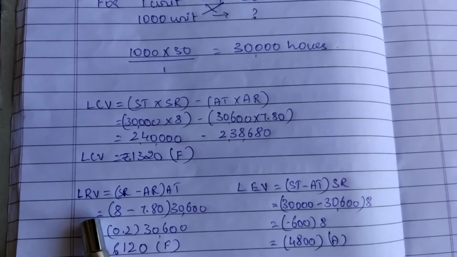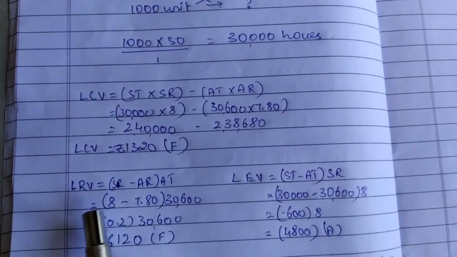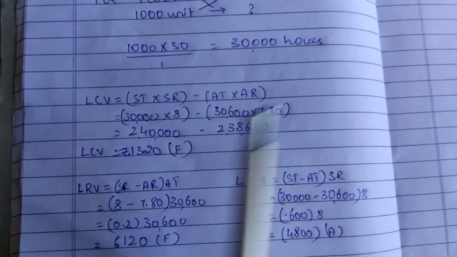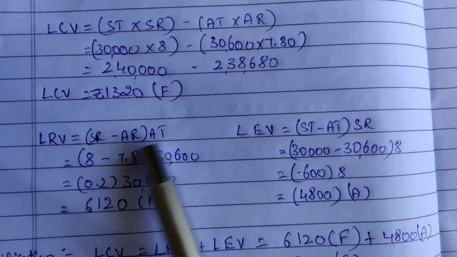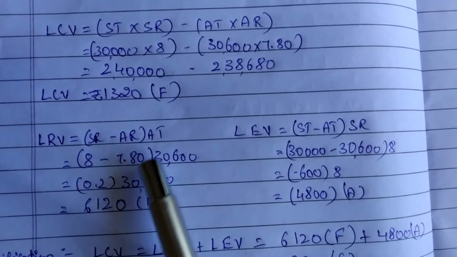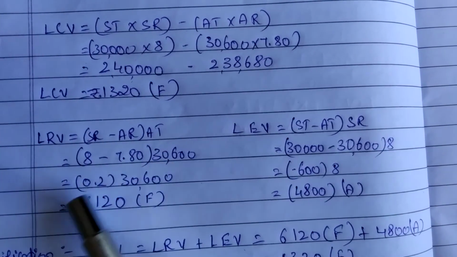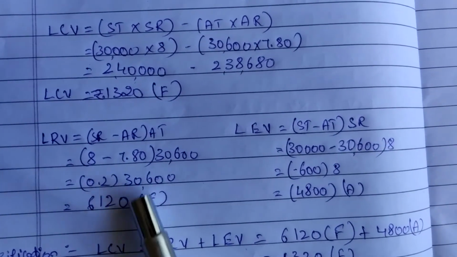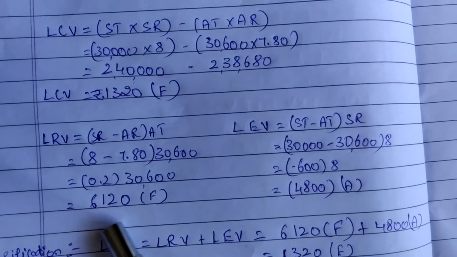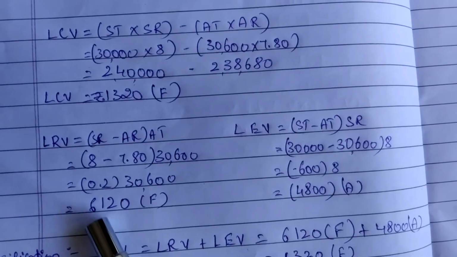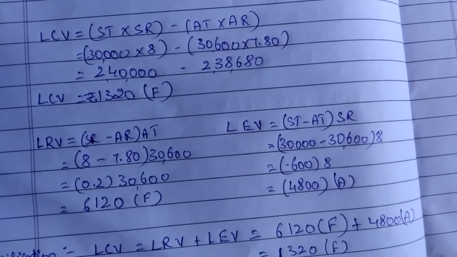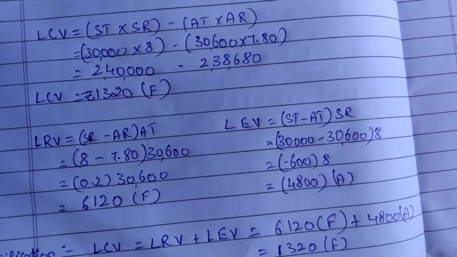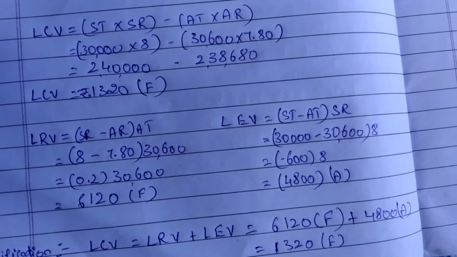We'll calculate the rate variance, SR, that is standard rate minus actual rate into the actual time. 8 minus 7.80 into 30,600, it will be 0.2 into 30,600, which will be rupees 6,120, which is again favorable because the standard rate is more compared to the actual rate paid.